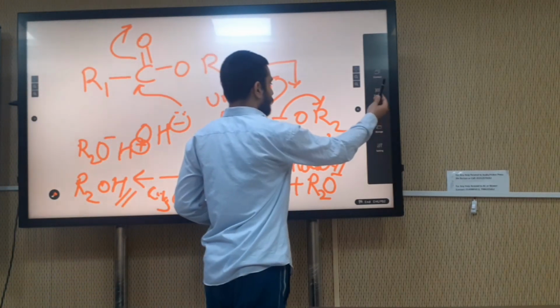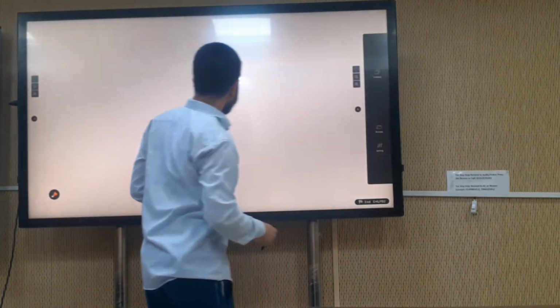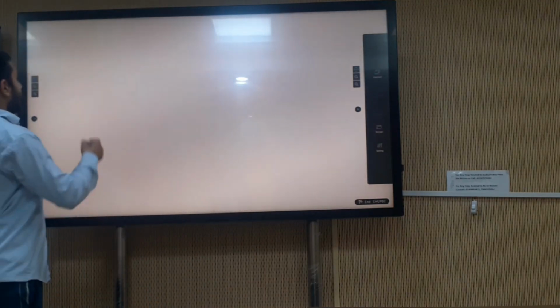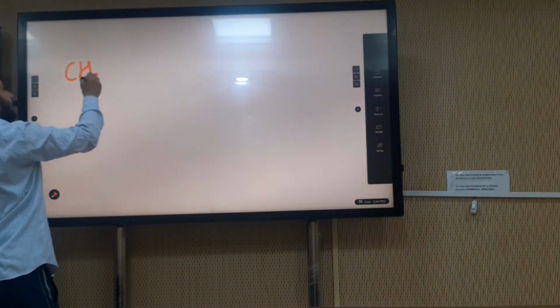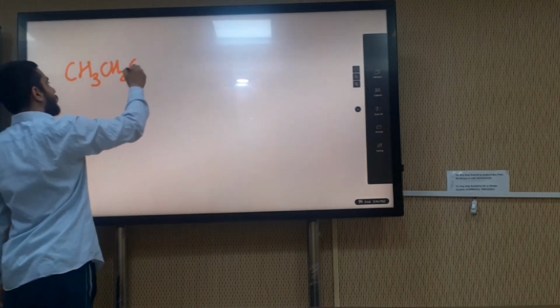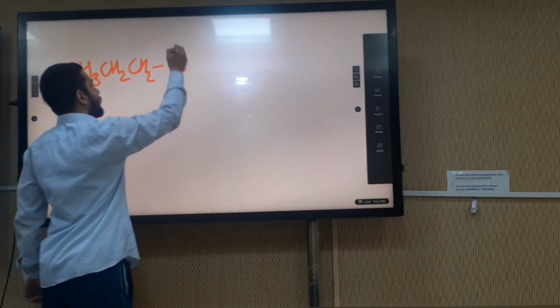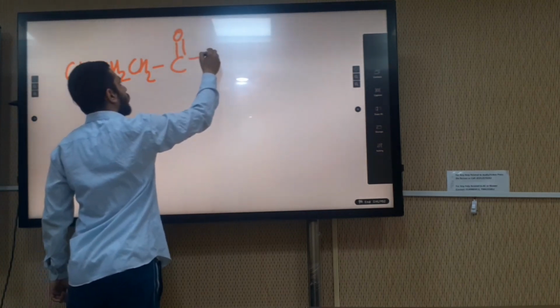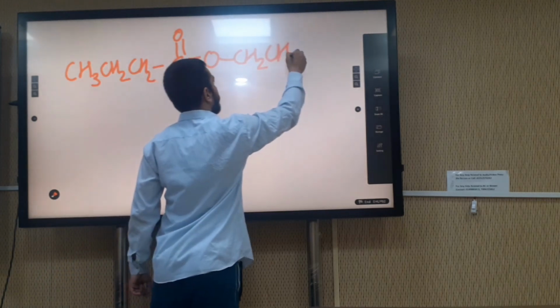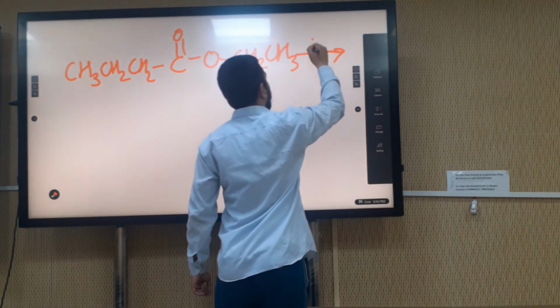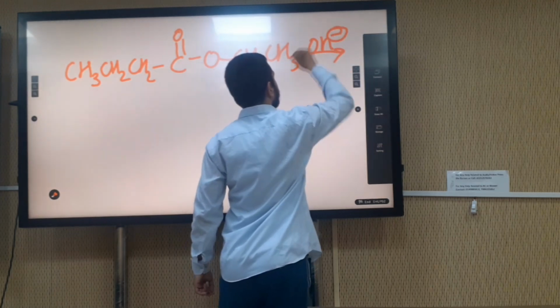Suppose we take one question: there is a species like this, CH3CH2CH2C double bond O, O, CH2CH3, and OH minus.